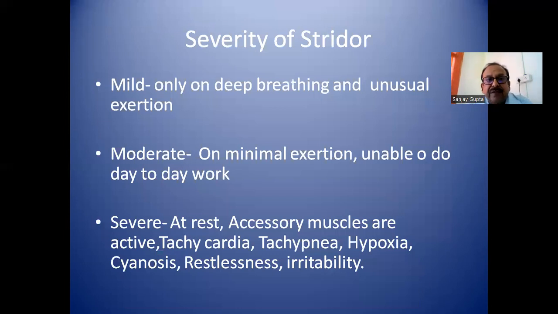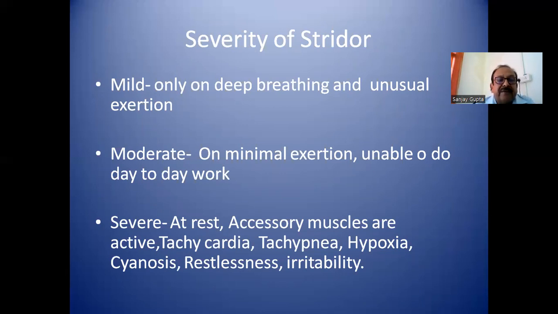The severity of the stridor may be understood by degrees. It is a mild stridor or a moderate stridor or a severe stridor. The mild stridor is only on deep breathing and unusual exertion. A moderate stridor is heard on minimal exertion and the patient is unable to do day-to-day work.